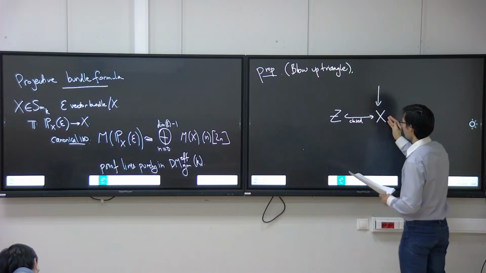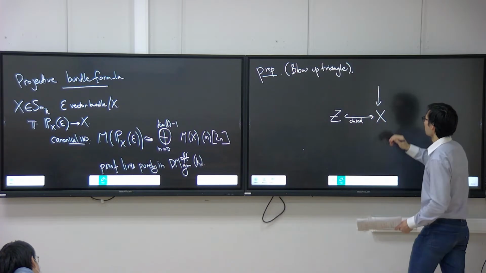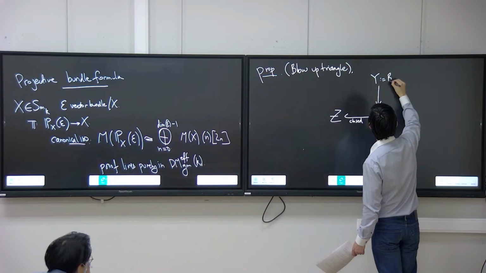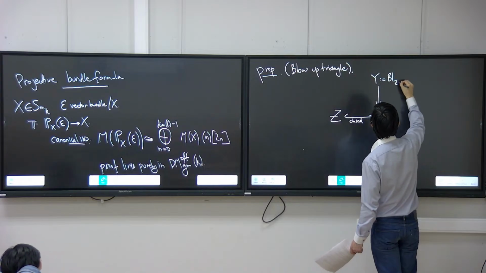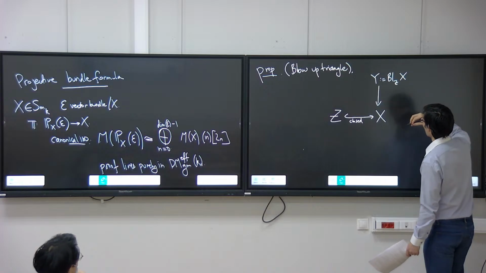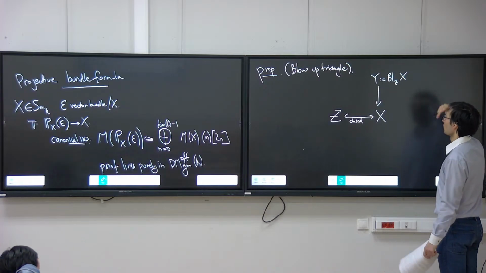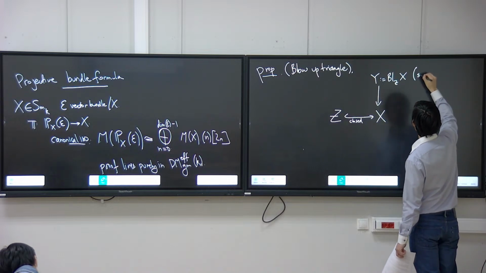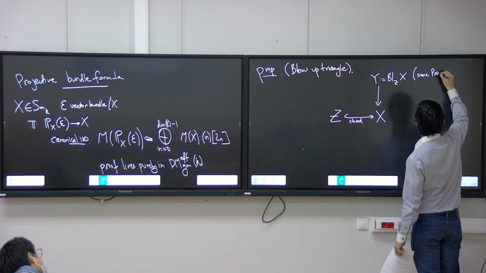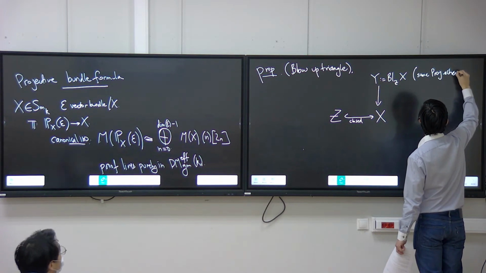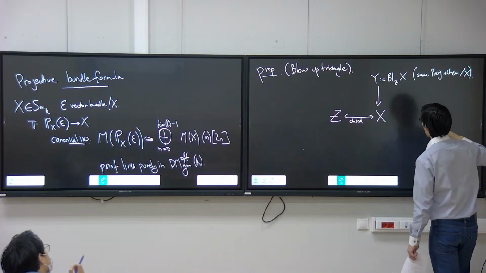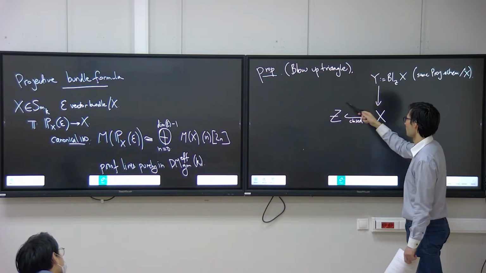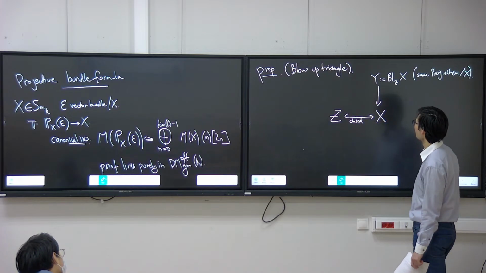And then I can consider the blow up of X with respect to Z. I'm not going to repeat the definition, but if you know the definition, you already know it. Basically, this is some Proj scheme over X. Usually you want to remove some singularities in X, but everything is smooth here, so that wouldn't be the motivation here.